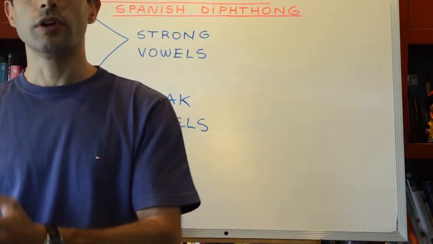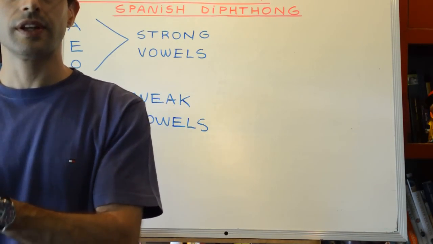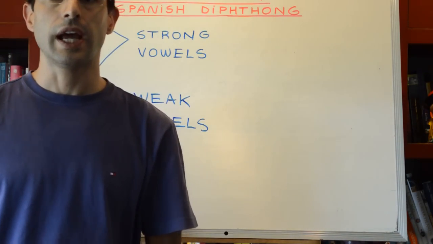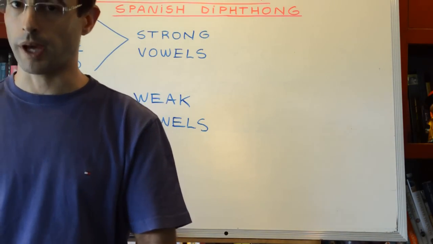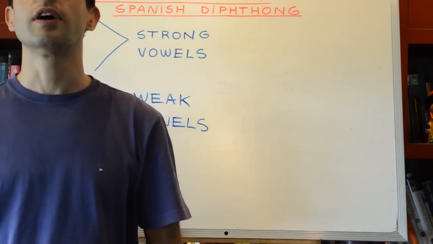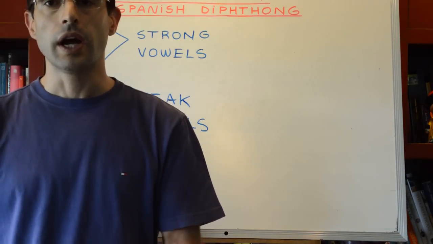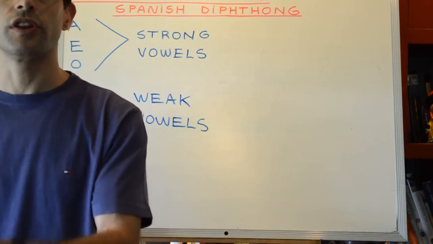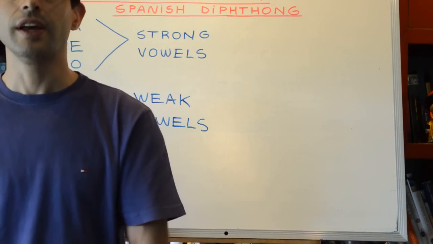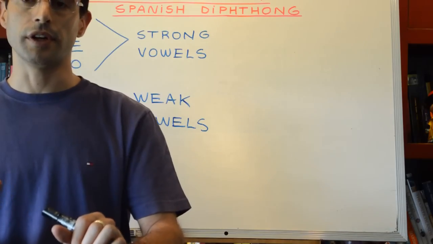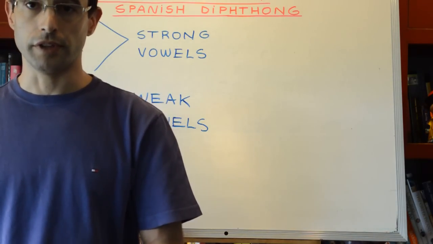You cannot know how to separate in syllables in Spanish if you don't know how diphthongs and hiatus work in Spanish. And also this is important in order to know how to use the Spanish tildes, right? Spanish tildes are a very important part of Spanish orthography.